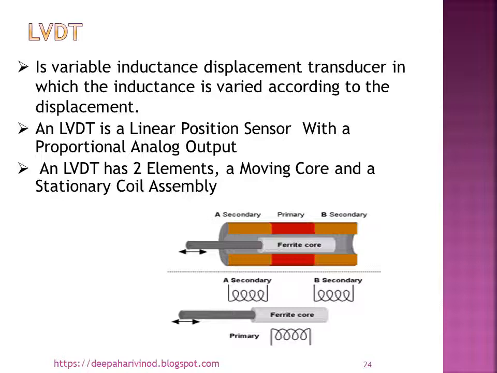LVDT is a variable inductance displacement transducer in which the inductance is varied according to the displacement. And LVDT is a linear position sensor with a proportional analog output. And LVDT has two elements, that is a moving core and a stationary coil assembly.